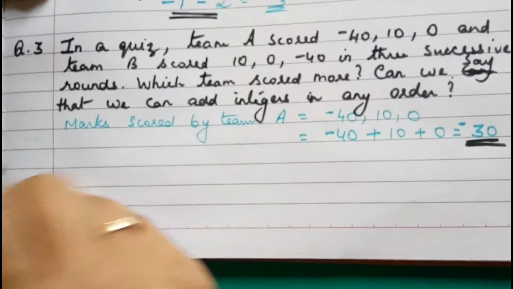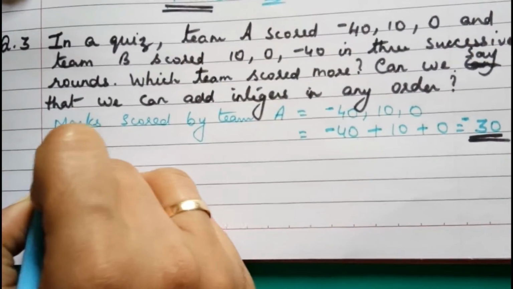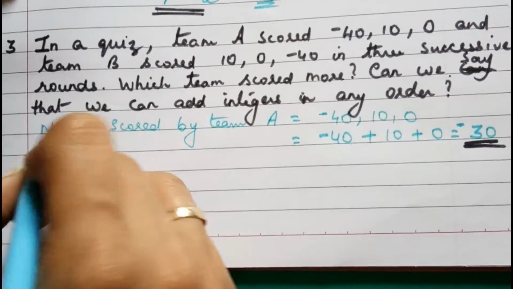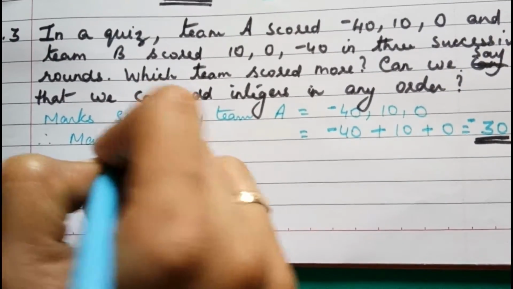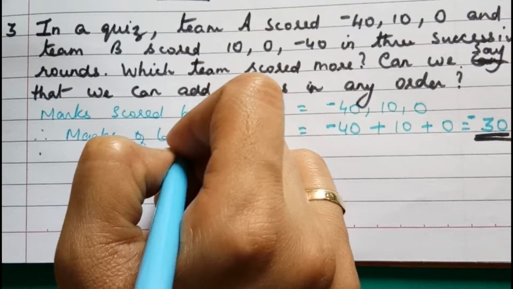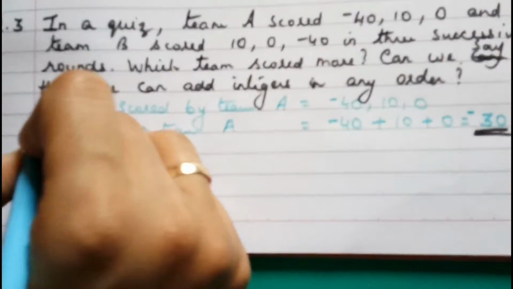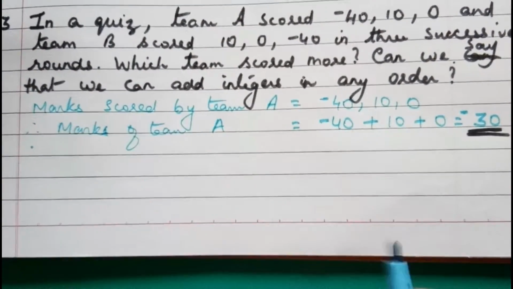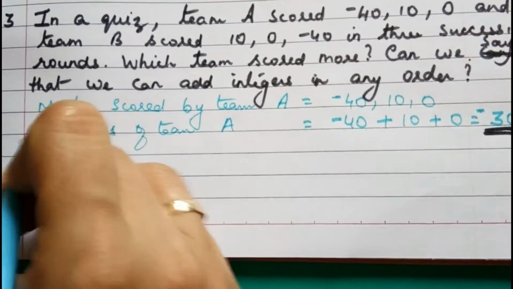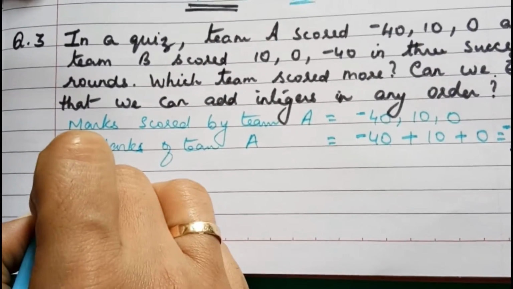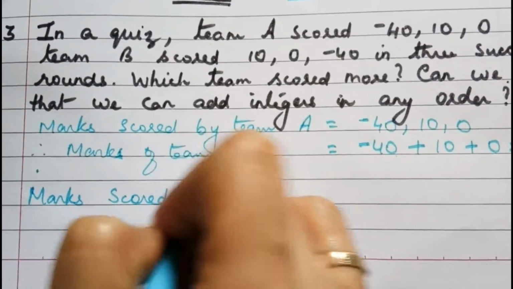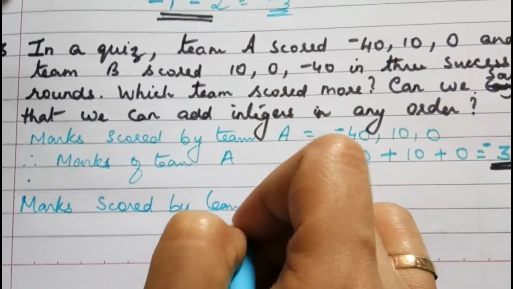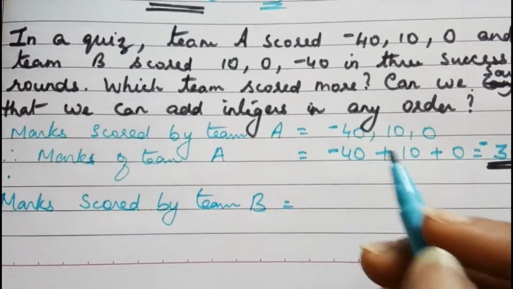Now let's see the marks of team B. Therefore, total marks of team A is minus 30. Now the next would be marks scored by team B. Now what are their marks?